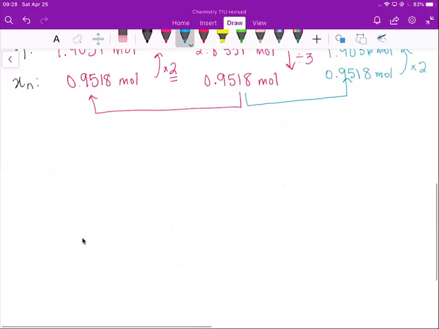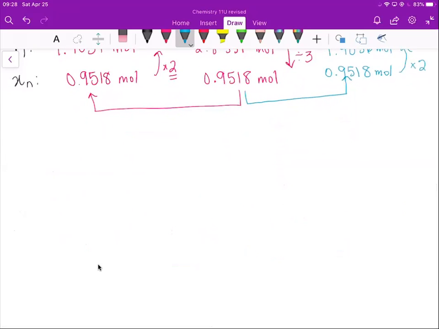That's not what the question is asking. It's asking for number of atoms. So I'm going to go N equals number of moles times Avogadro's number, 1.9036 moles times 6.02 times 10 to the 23. Now you're probably thinking, why is Ms. Vella doing it like this?